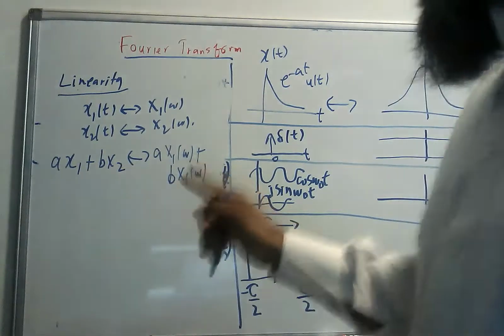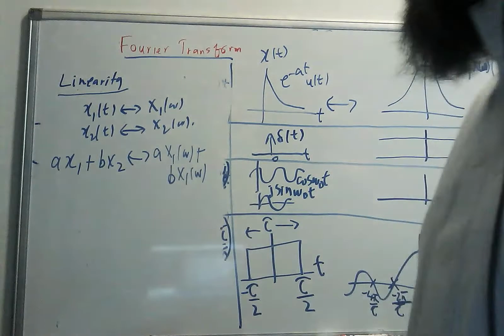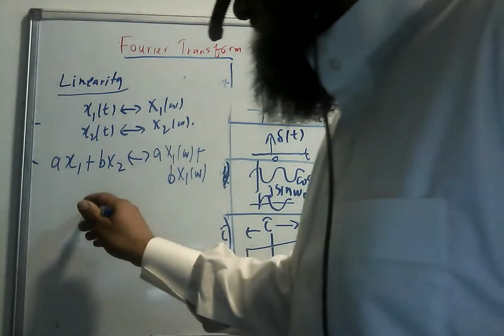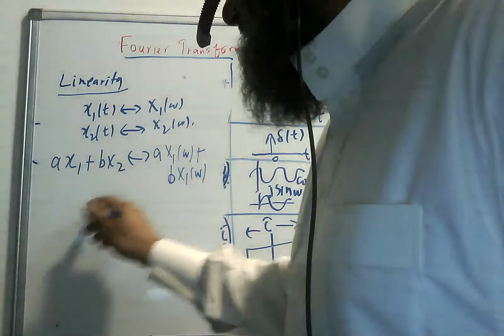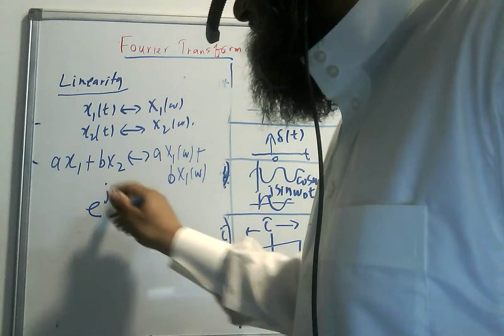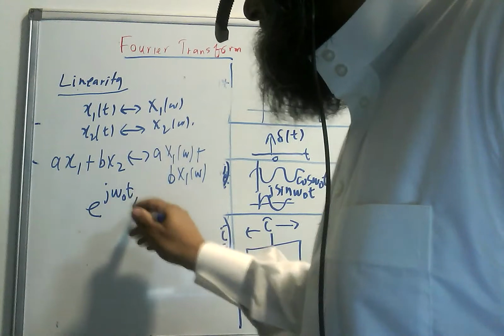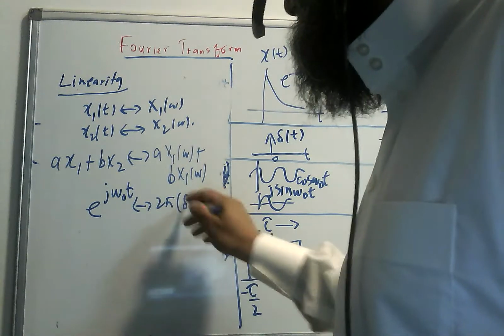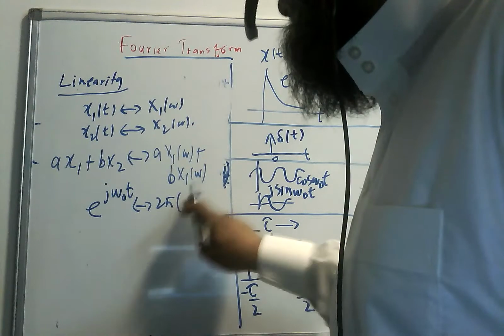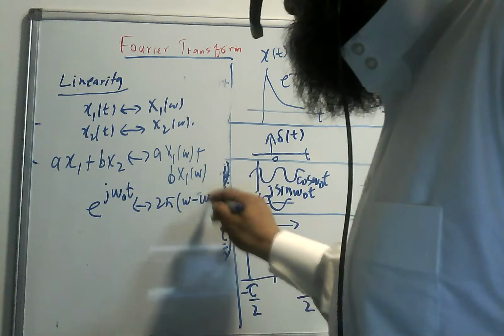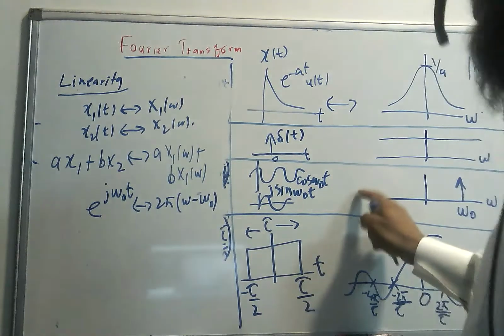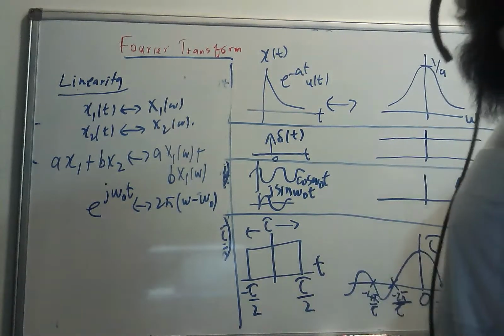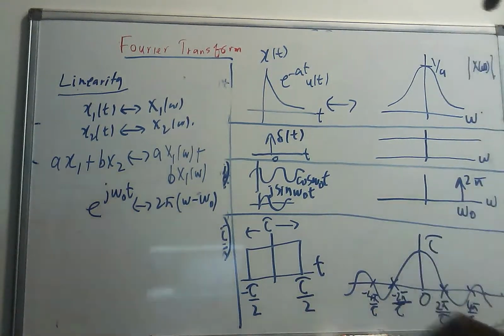So using this property, I can find the Fourier transform of cosine and sine. As we discussed before, the Fourier transform of the complex exponential is 2 pi delta of omega minus omega naught.